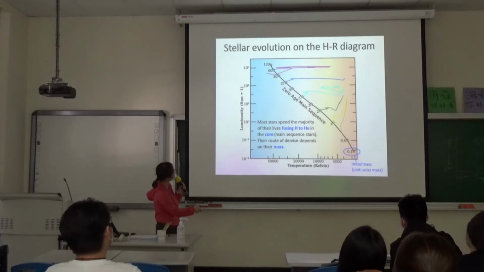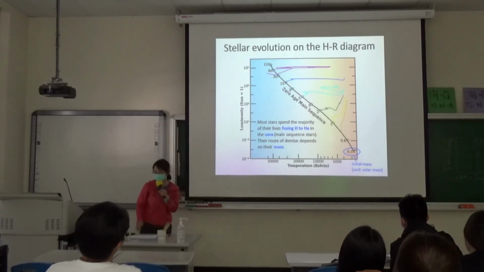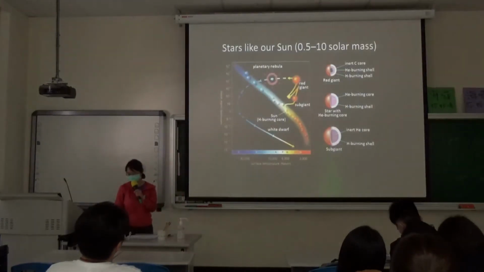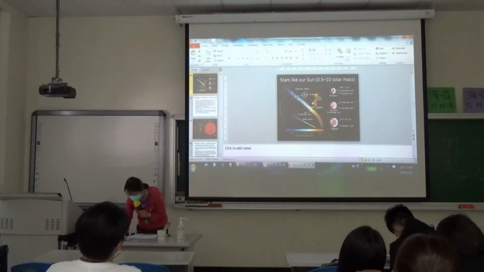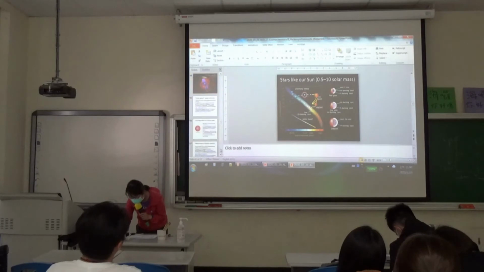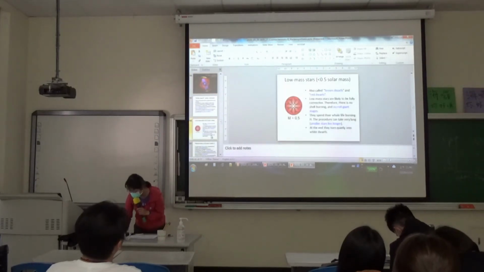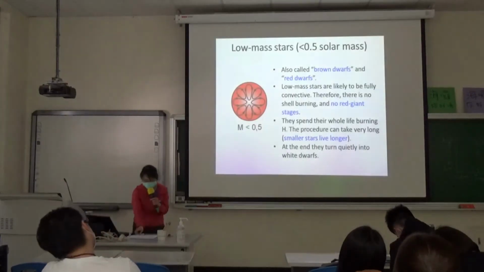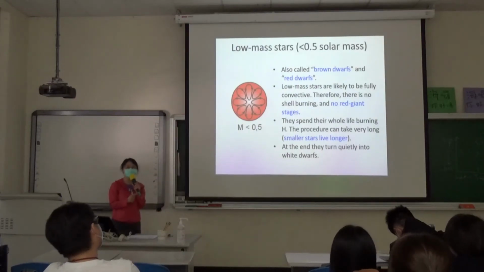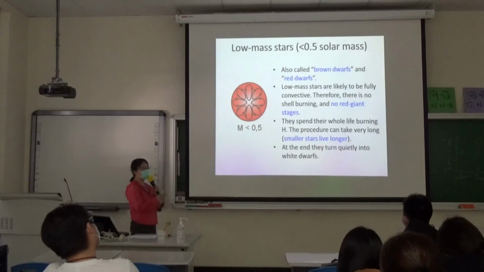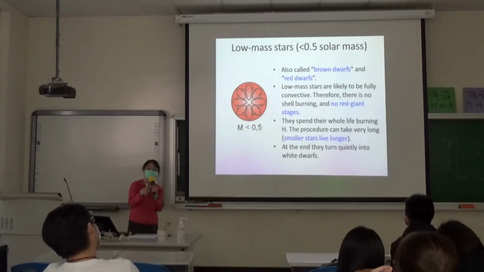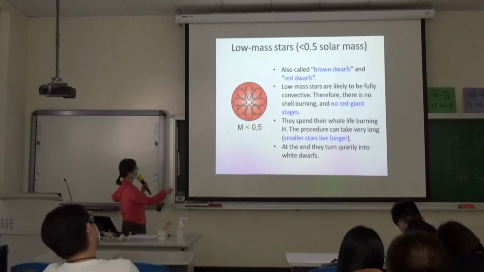Okay, let's look at the small stars first. For small stars, it is believed that it's very likely that there's no layered structure, 没有分层. It's fully convective.